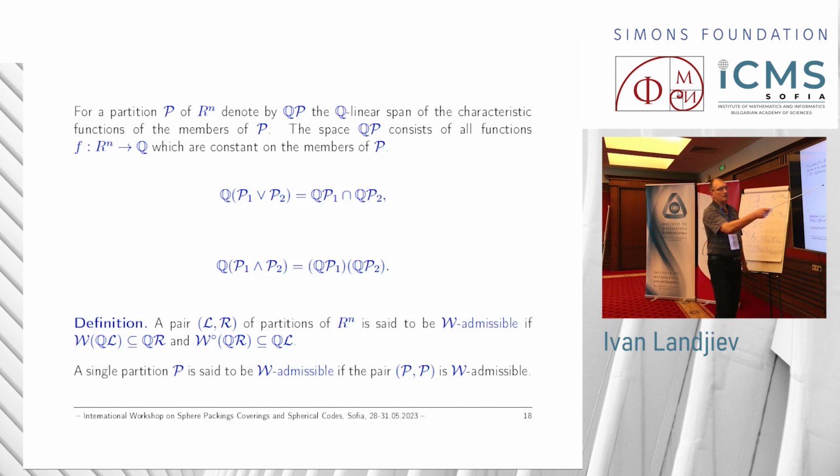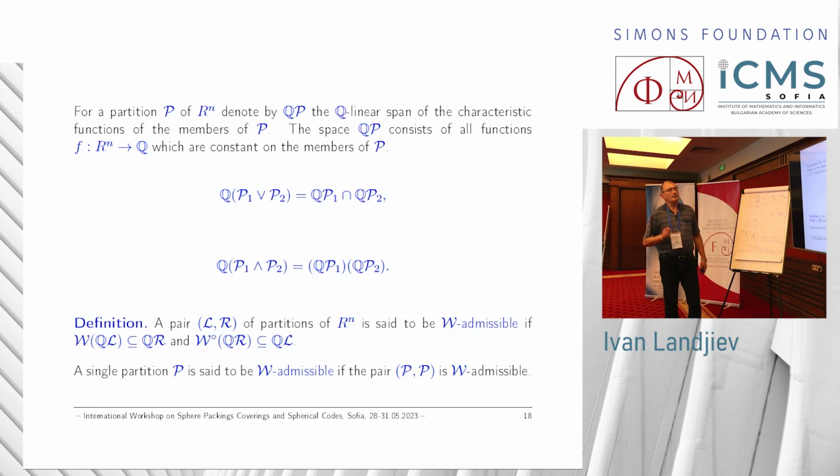Here the maximal element of these two partitions, which is up, can be constructed in this way, and the minimal element of these two partitions is constructed in this way. So we can construct many partitions.